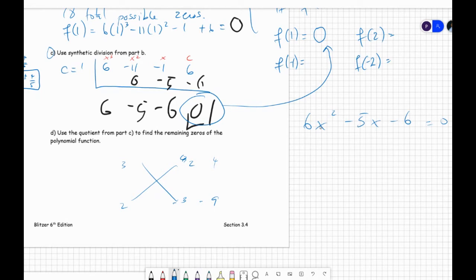Okay, so we notice that A here is not 1. So we need to find factors of A and factors of C such that when we multiply them together and add them, we get B. So the first column here is going to be factors of 6. So I'm going to choose 3 and 2.